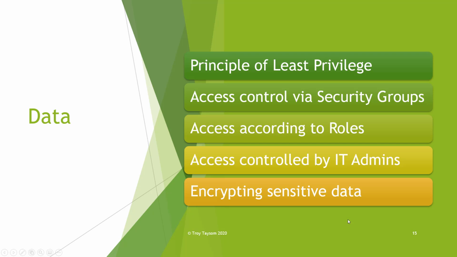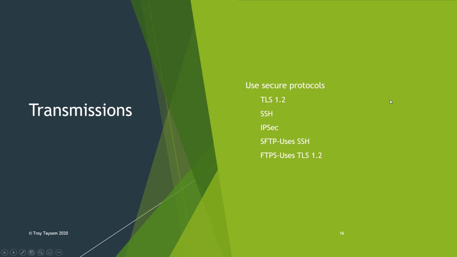That might mean encrypting remote workers' laptops, their hard drives. It might mean encrypting databases that you have, all sorts of anything like that. Now, when you're sending and receiving stuff, you need to use secure protocols, okay? So I've listed a few. So I have TLS 1.2. Now, some of you have probably heard of TLS, others probably don't, but you've heard of SSL, and that's what you see on websites.